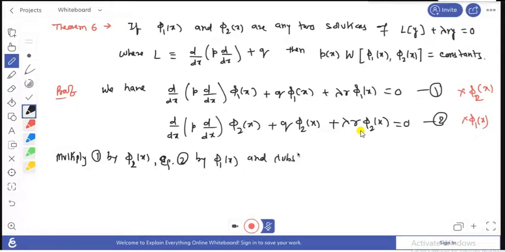After that, integrate it from the initial point a to a general point x.